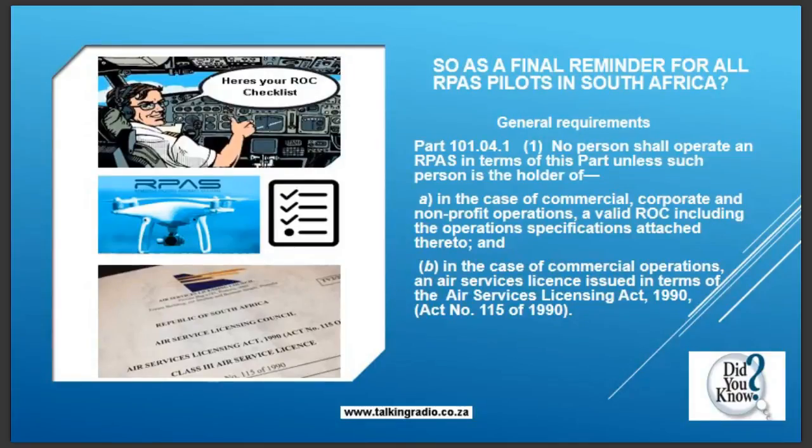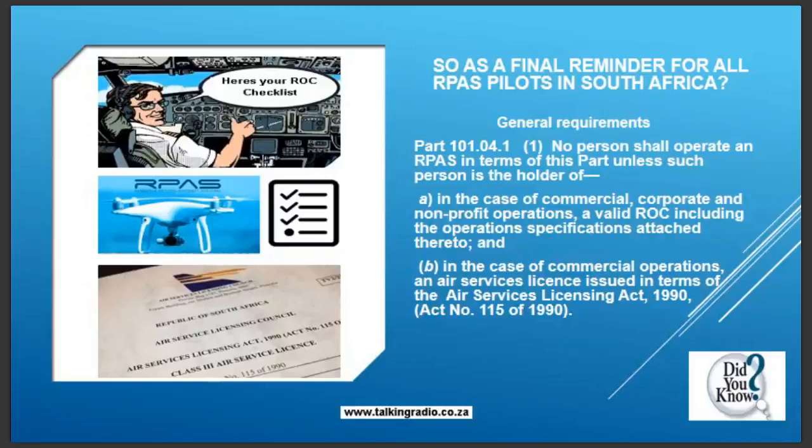As a final reminder to all RPAS pilots operating within South Africa, the South African Civil Aviation Authority, CARS Part 101.04.1 states the following under general requirements. No person shall operate an RPAS in terms of this part unless such a person is the holder of a.